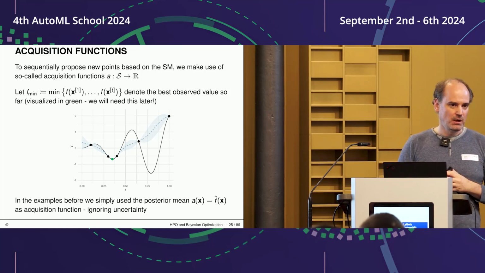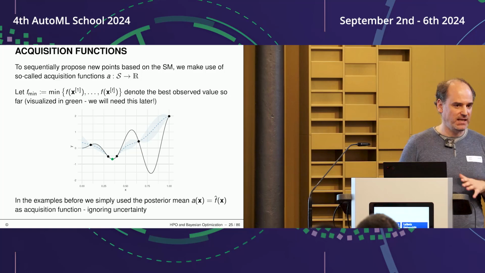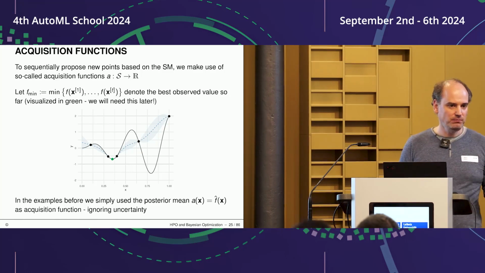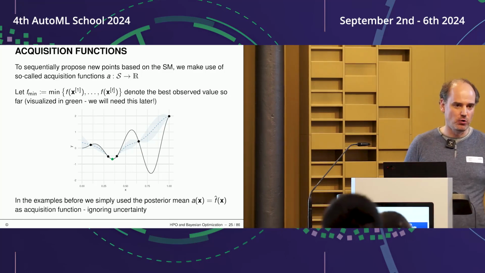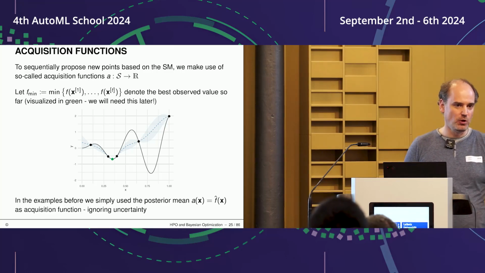This will be fairly similar to my underlying surrogate model, but not exactly the same. In the example before, I used just the surrogate model's prediction as an acquisition function, and this led to premature convergence into this local optimum, okay?